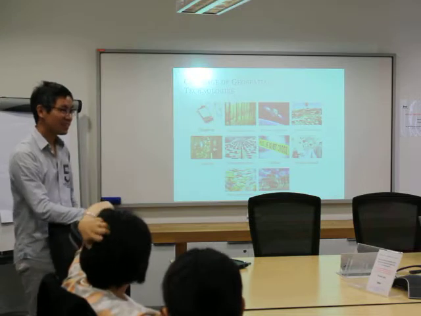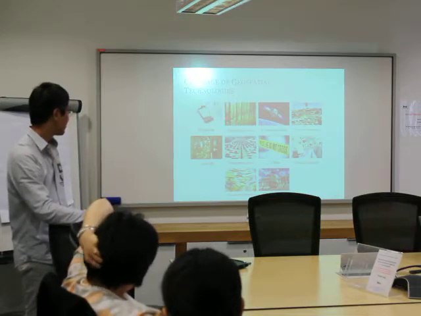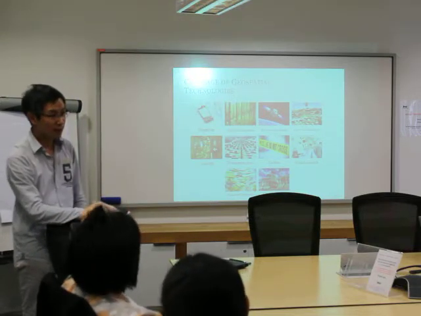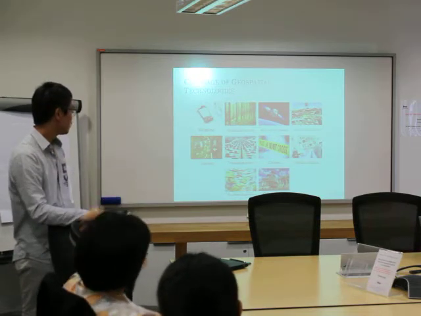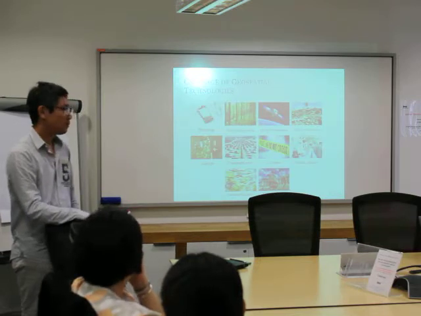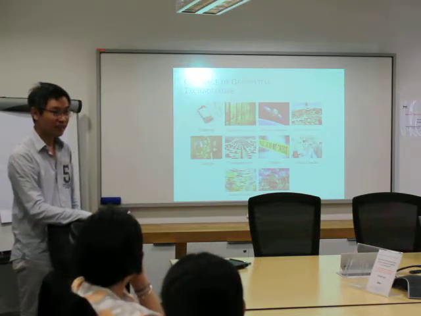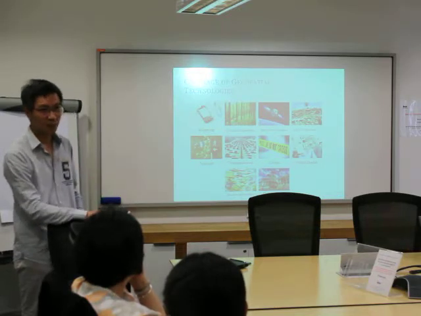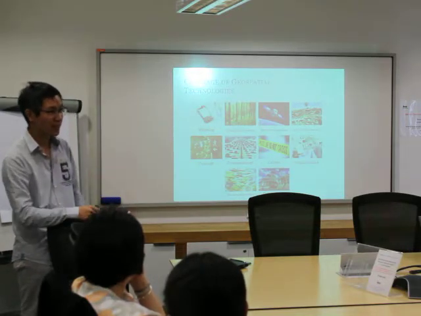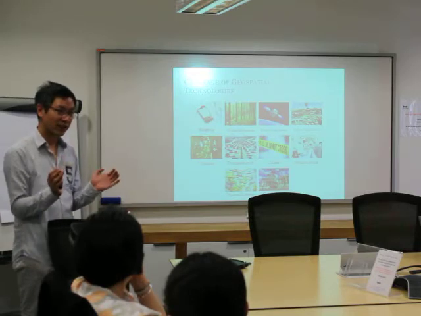Tourism, the same thing as mapping and natural resources. We just tell tourists where would be interesting. Transportation modeling. We don't have subways here, but a subway map is a kind of geospatial technology as well.